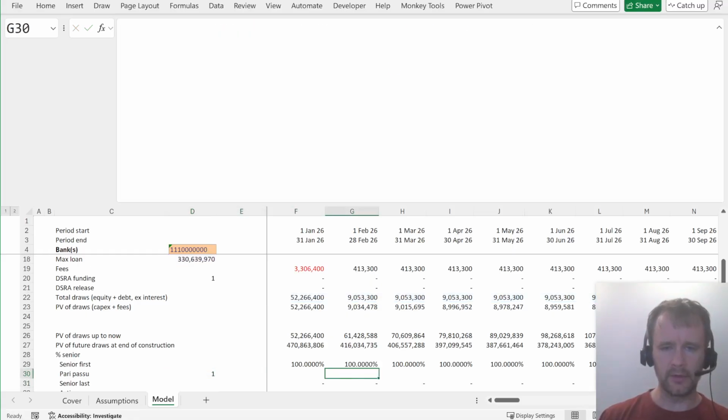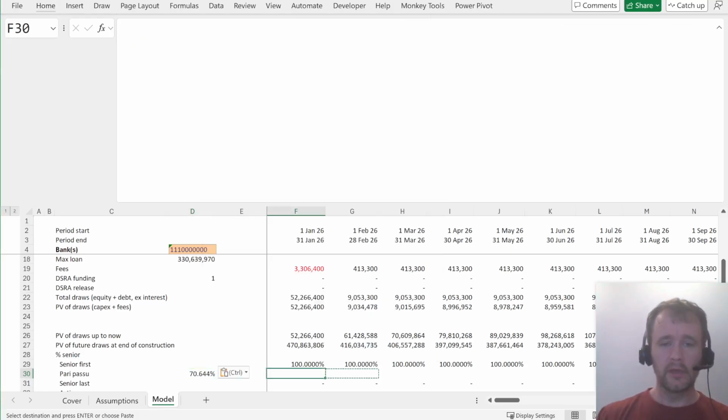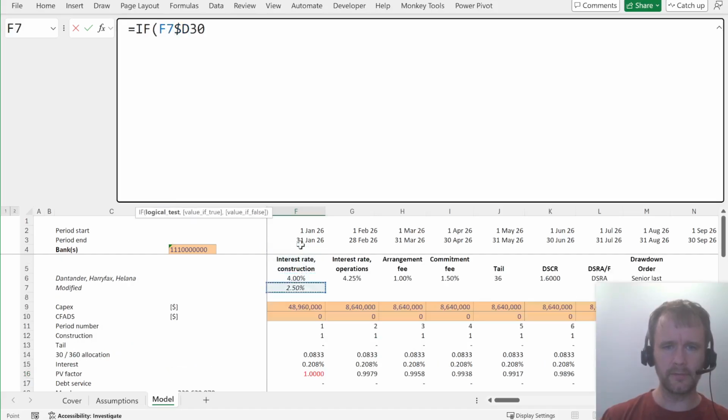And so why is that not formatted as a percent? Oh, because I was screwing around with it in between. So then I guess we'll say if construction again, just to keep it neat. If construction, then that, otherwise 0.